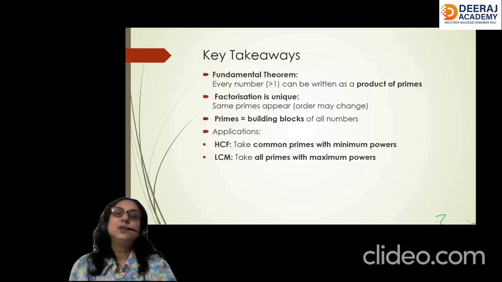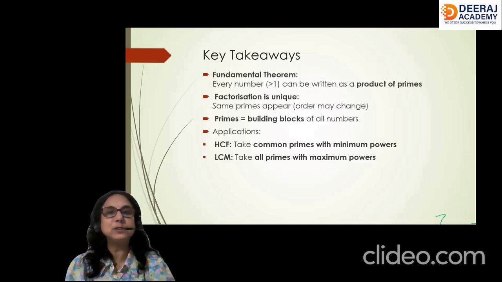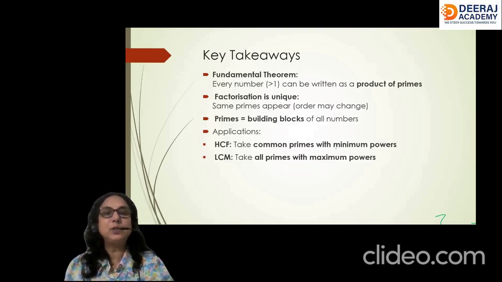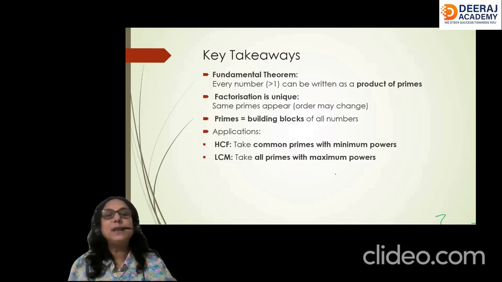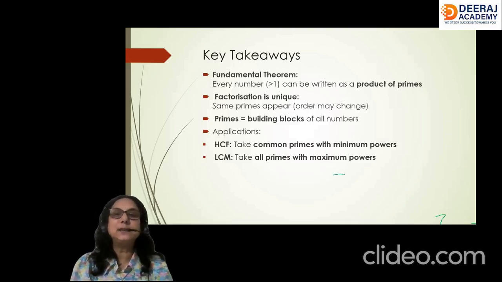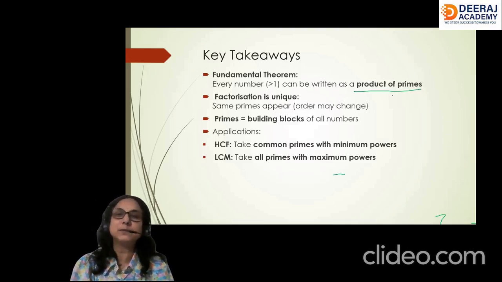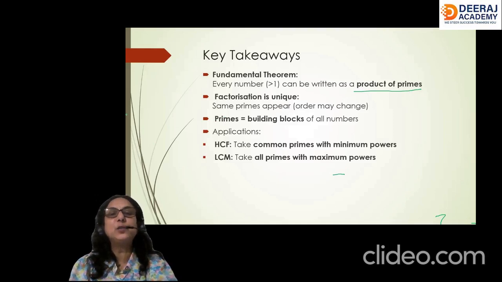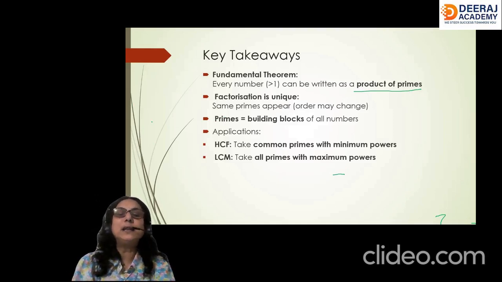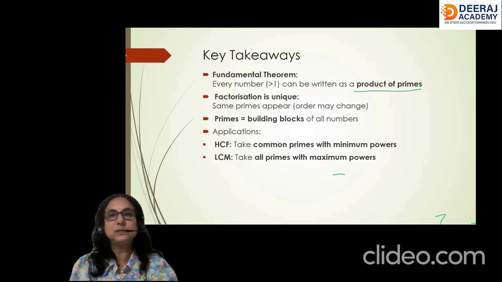So what we have studied in today's session is that the fundamental theorem states that every number greater than 1 can be written as a product of primes. Factorization is unique to the number, only the order can change.